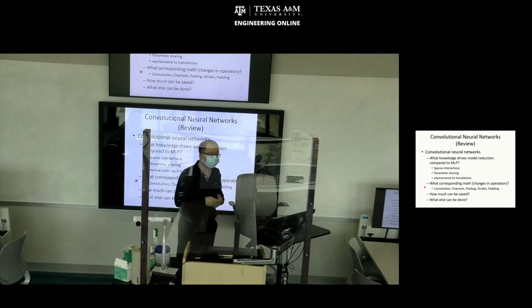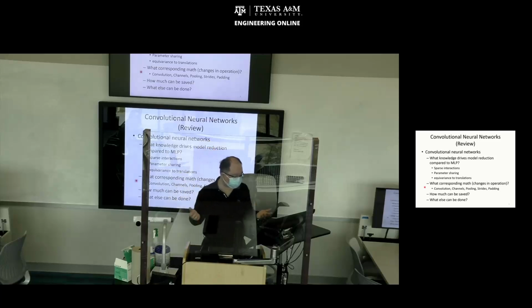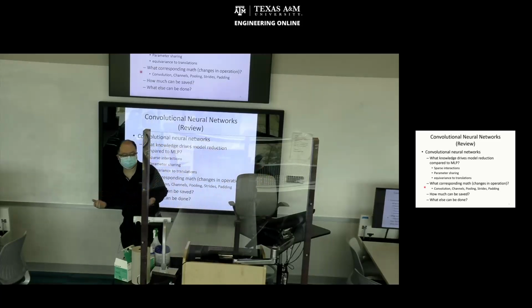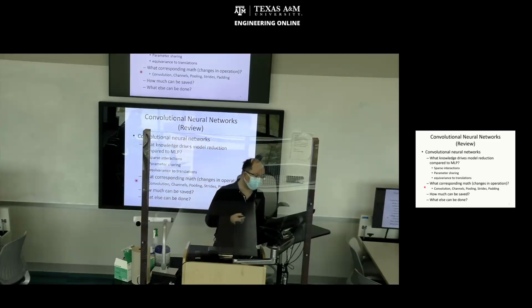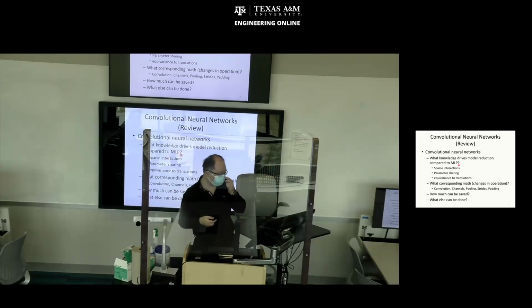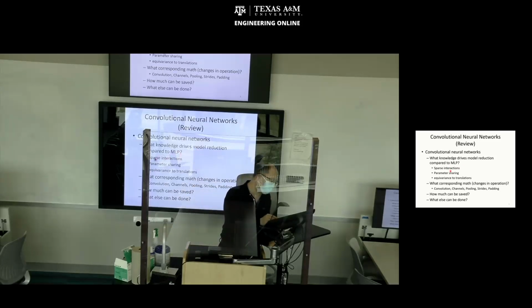And we have learned about the locality. We learned about the equivariance of our vision systems. Then we decided that these are the knowledge that can drive this model reduction relative to MLP, such as sparse interactions, parameter sharing, and equivariance to translations.